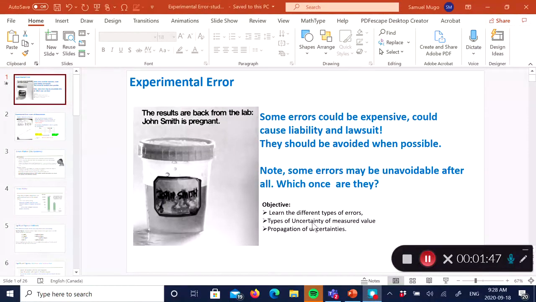Because as you well know, in most cases, analytical chemistry involves multiple steps of sample preparation, and in each step, there could be an error that results in a propagated error for the final answer. So how do you propagate uncertainties, or how do you propagate errors? And I'm going to show you how to do that.